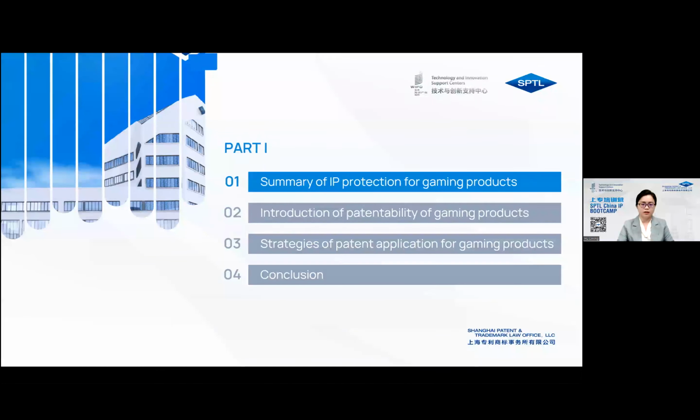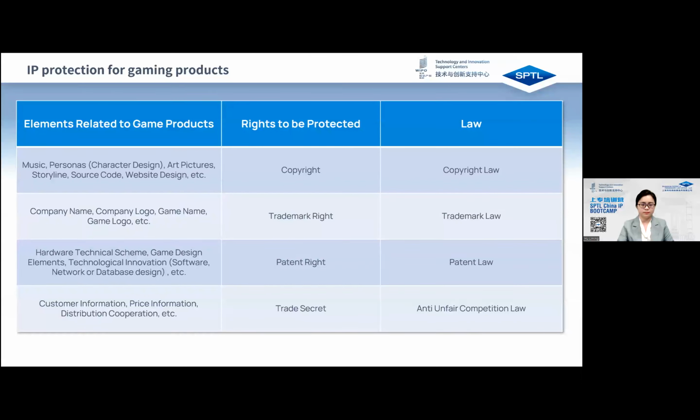First of all, let's have a look at the summary of IP protection for gaming products. As we all know, talking about a game product, there could be a lot of elements with different types in it. For example, game title, game logo, game interface design, game music, game code, game equipment, game rules, and so on.